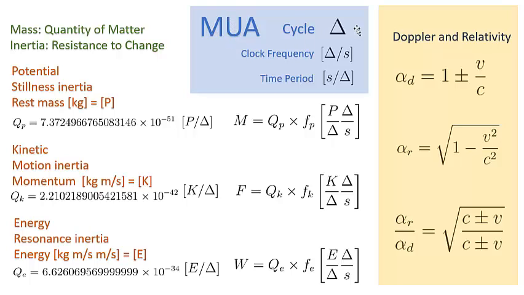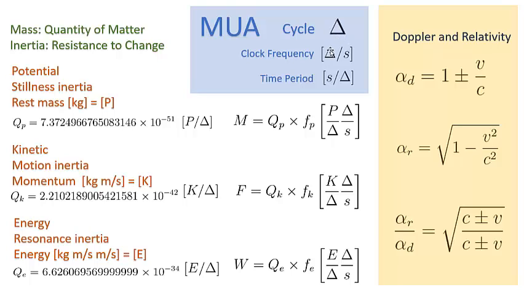The unit analysis is actually very important in terms of interpretation. And so the main difference between modified unit analysis and standard unit analysis is I add a term to unit analysis called cycle. You can think of this as a clock cycle, a frequency, unit of oscillation, unit of vibration.